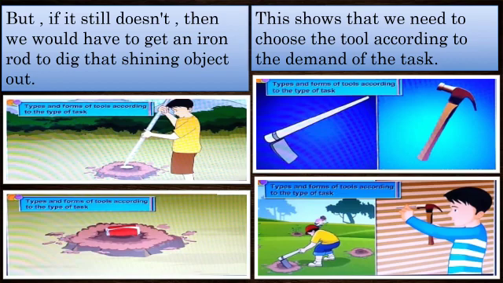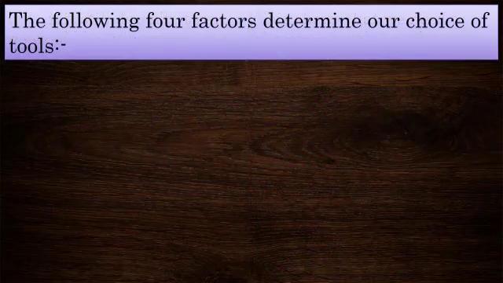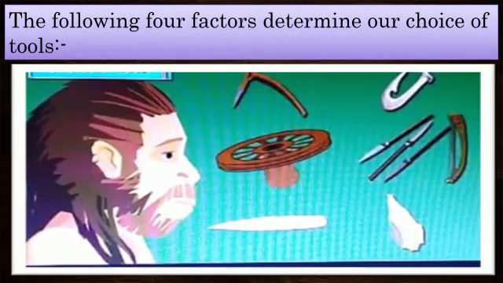Otherwise, we won't be able to do the task, right? So we need to choose the tool according to the demand of the task. The following four factors determine our choice of tools. So we are going to study now the four factors which determine the choice of tools.